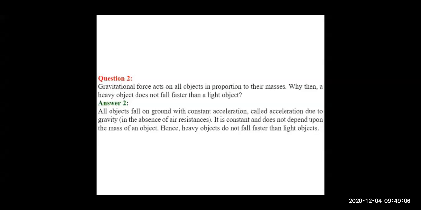Beta, that is because we are having air in between, and because of that there is air resistance, और air जो है वो heavier object को oppose कम करेगा as compared to the lighter object, right? This is the condition what we are talking about in vacuum, right children? If in vacuum you throw a big stone and a piece of paper, then you will see that both of them fall on the ground at the same time.